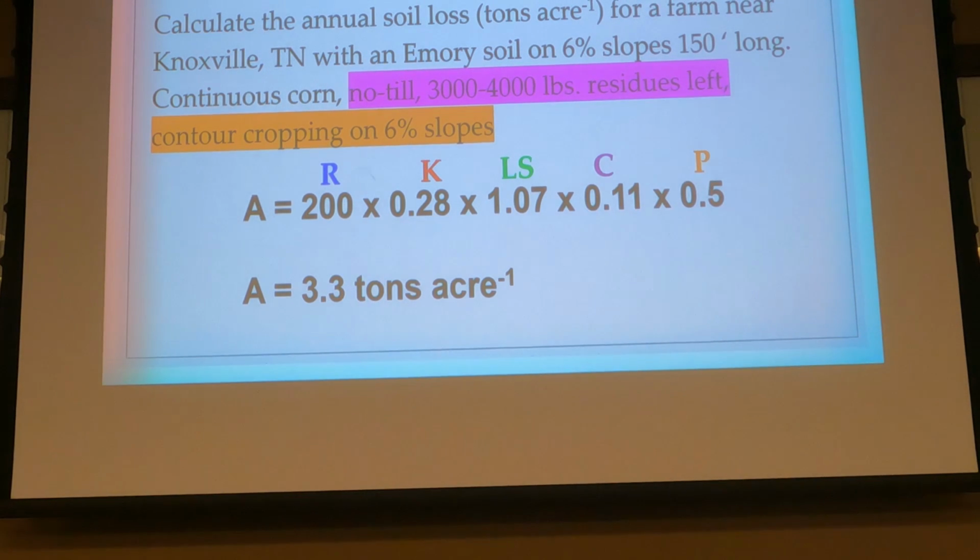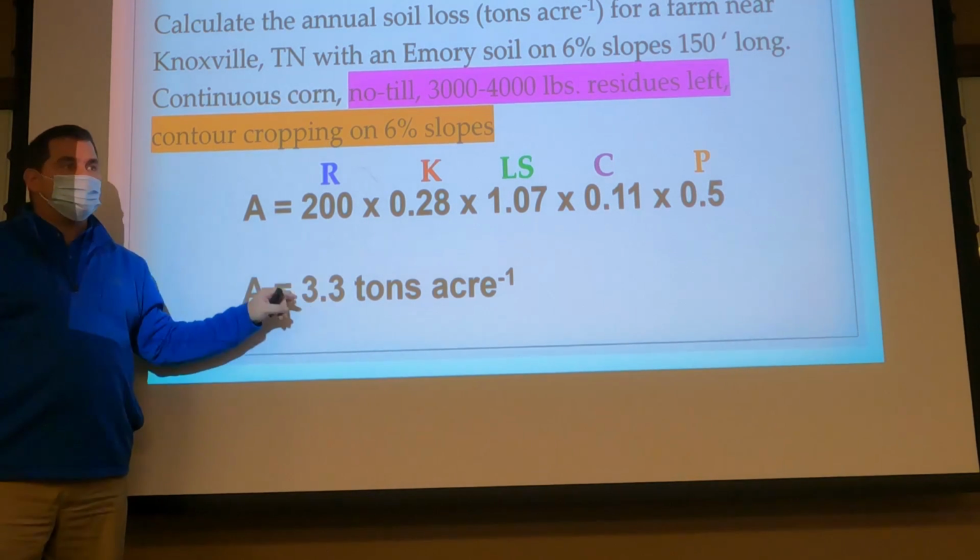So just by not tilling, not driving our tractor across the field and saving that fuel and time and labor, and by adding in some contour cropping, we've got almost 7 times the reduction in soil loss, and now we're within the range where we can still be productive.